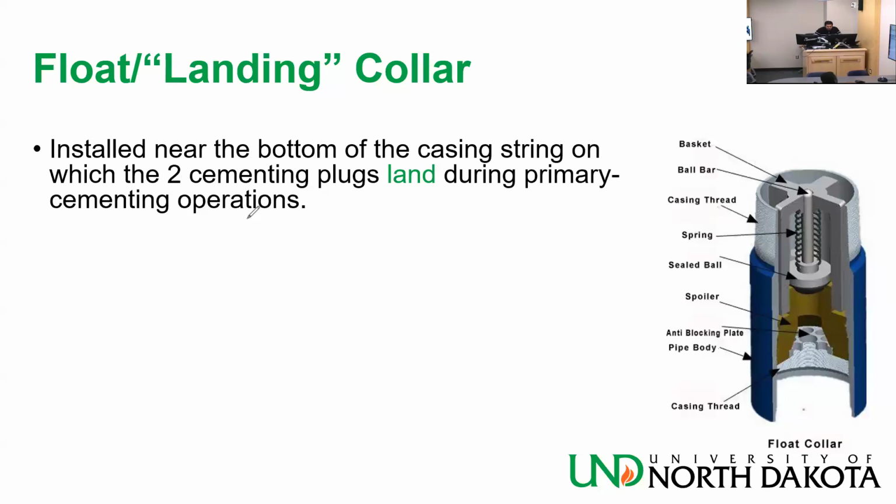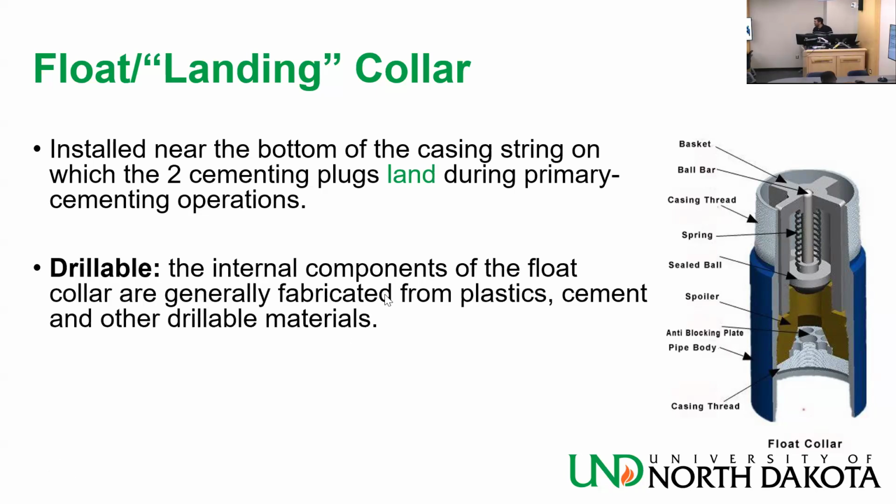But if you see here, everything except the pipe body is metallic. The basket is also metallic, but they can make it with other materials too, synthetic materials. A lot of this float collar is made intentionally with cement or other synthetic materials that are easier to break. They are drillable.